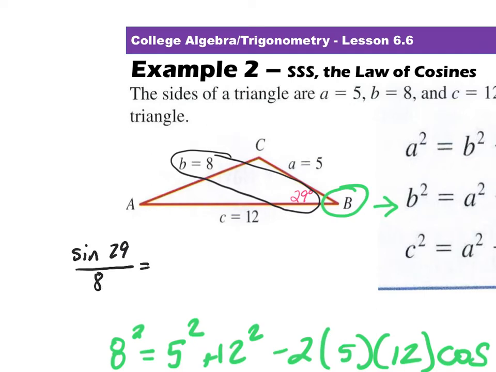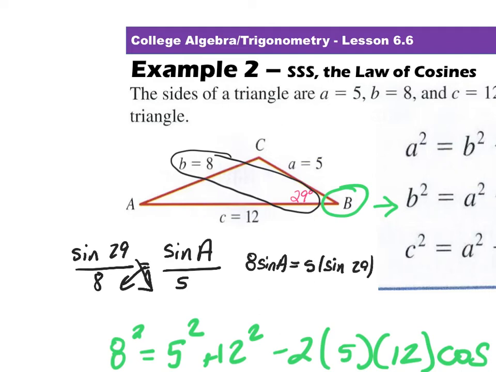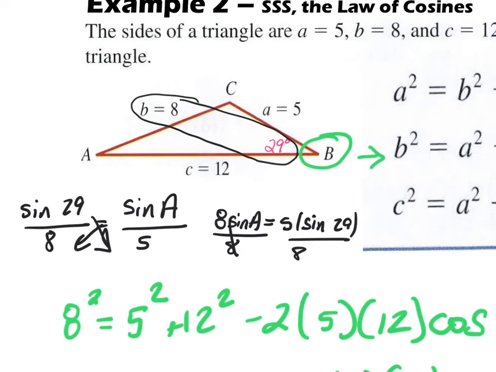I'm going to do the sine of A over 5, because that's side A. And now we're going to cross multiply. So we have 8 times the sine of A equals 5 times the sine of 29. Divide both sides by 8. So I have sine A equals, in my calculator, again, we're in degrees, guys, 5 times the sine of 29 divided by 8.